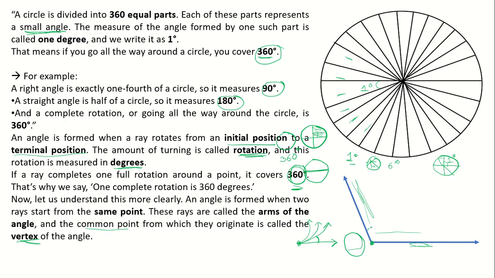This is the vertex and this is the angle. So an angle is something which is formed when two rays start from the same point.